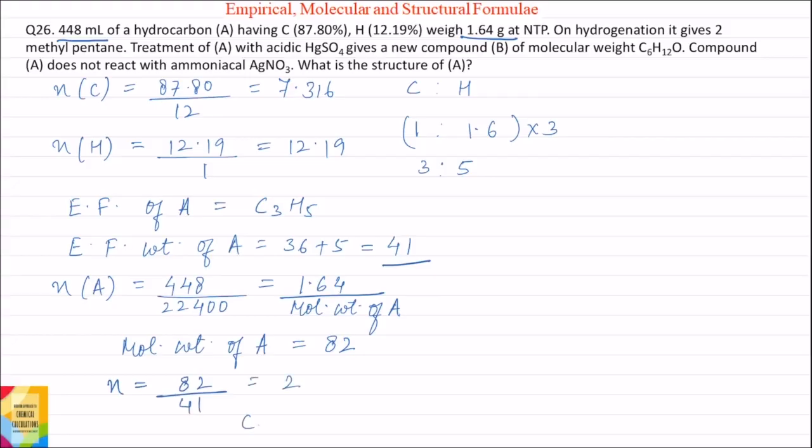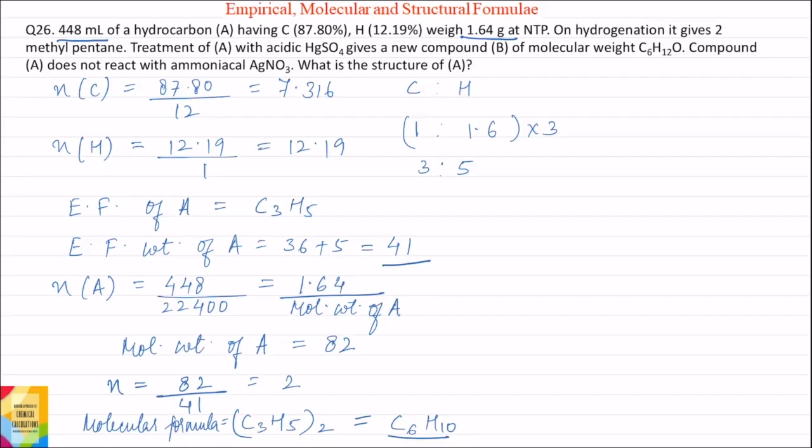So we multiply the empirical formula by 2, and the molecular formula will be C3H5 whole twice, which is equal to C6H10. So this is the molecular formula of A. Now according to this formula, this hydrocarbon contains 6 carbons.